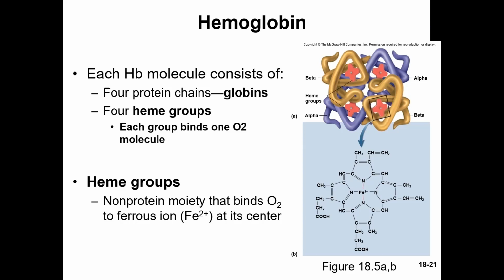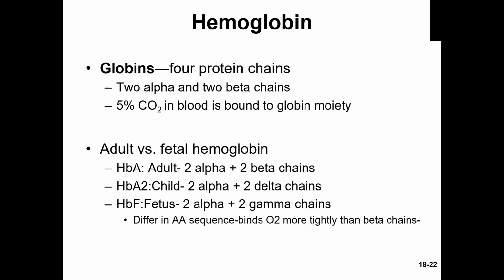Now, you'll notice on this picture that we have it labeled as beta alpha. This would be in the hemoglobin in an adult due to these linkages, and all these refer to are molecular linkages. We're going to just briefly touch on the fact that this will be different within the fetus as well as the child.